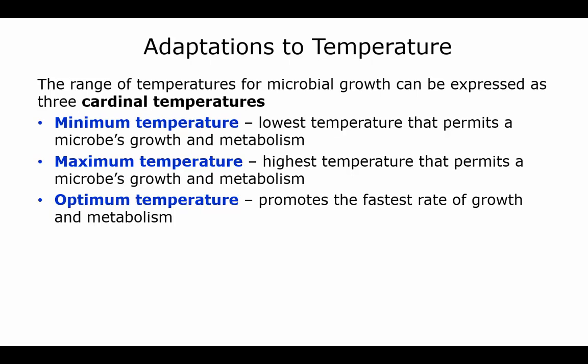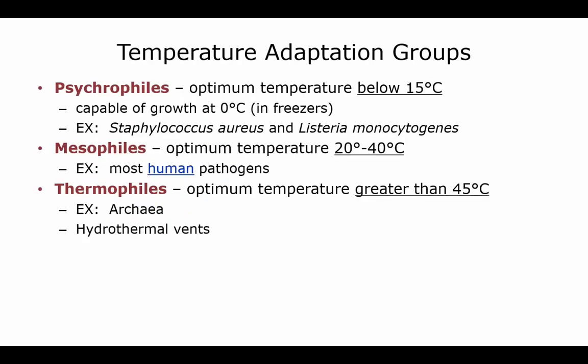If you store them or place them at this particular temperature, it's going to promote their fastest rate of growth, and so they're going to reproduce as rapidly as possible. So all microbes are going to have all three of these: the minimum temperature, the lowest, the maximum, which is the highest, and then that perfect optimum temperature in the center.